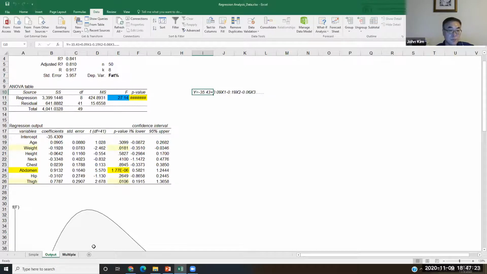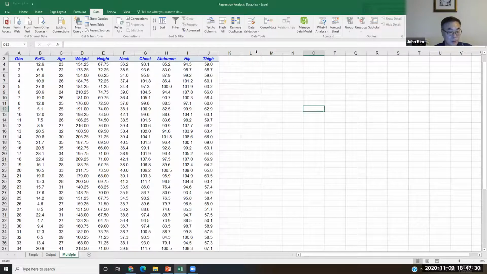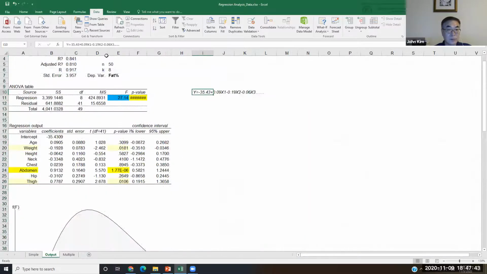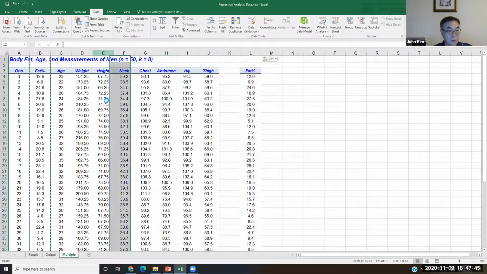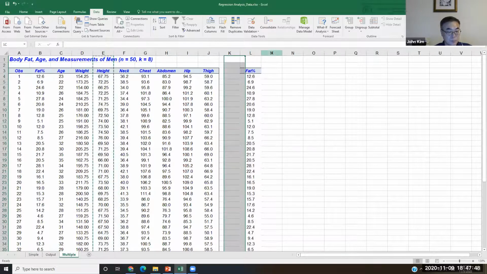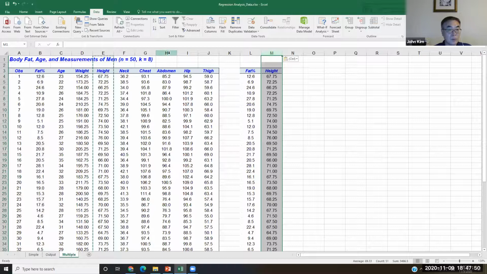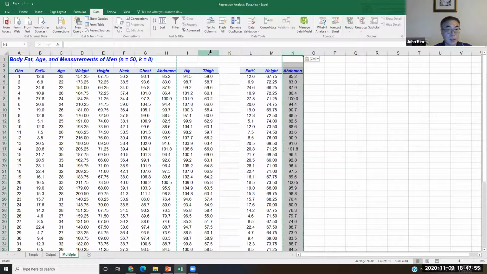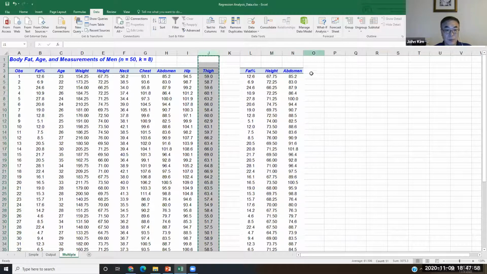Let's try. Fat, I will copy this one here. And what was that? Weight, abdomen, and thigh variables.